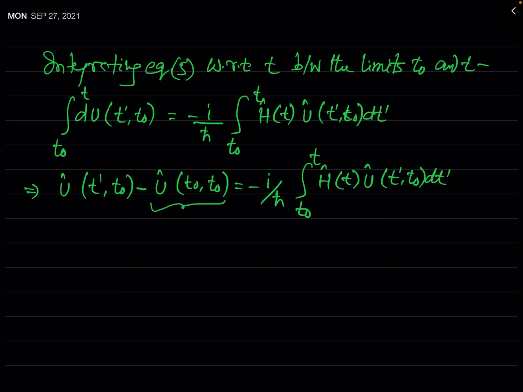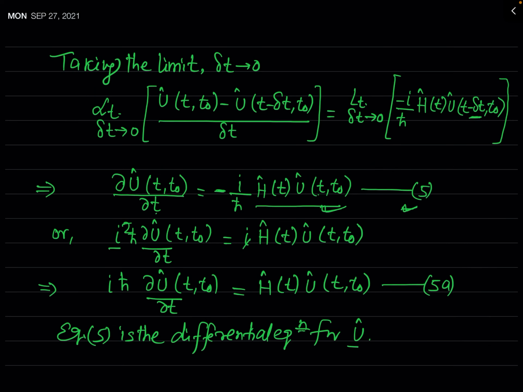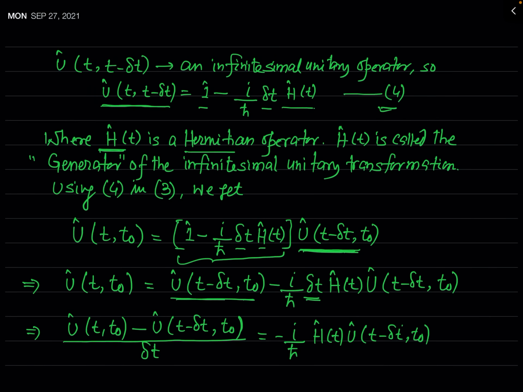And can you say what will be the value of this operator? In fact, here both the parameters inside the bracket are the same, so you can say what will be its value from the definition of the infinitesimal unitary operator. Since you can see from here, if delta t is 0, then this operator will become u hat of t, t, and if delta t is 0, the second term in the RHS will be 0.